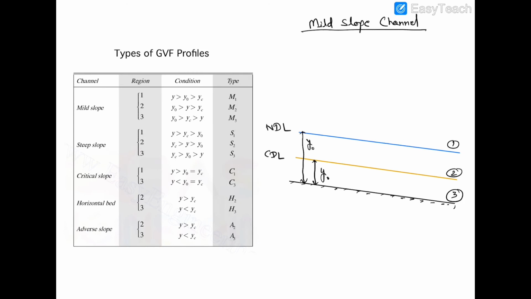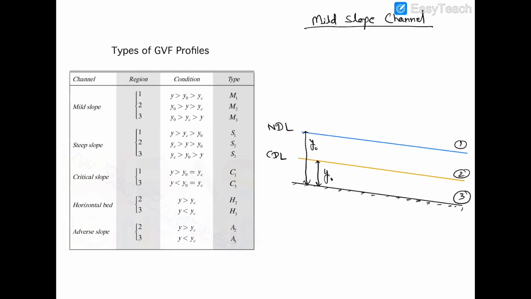First of all, we draw the GVF profiles for mild slope. We know in case of mild slope the normal depth is greater than critical depth, meaning the NDL is above the CDL.